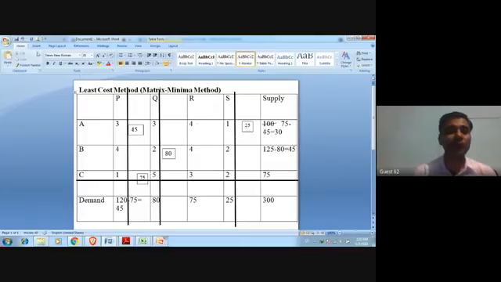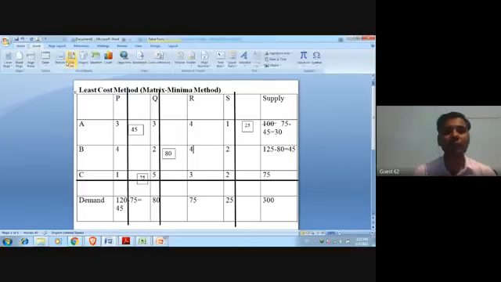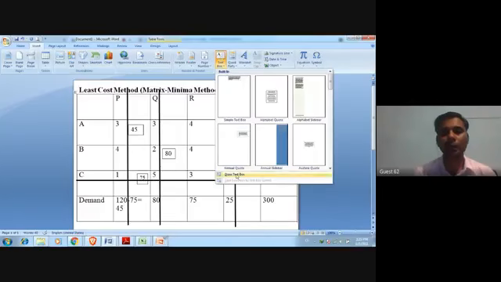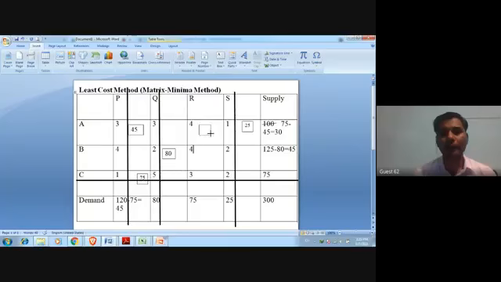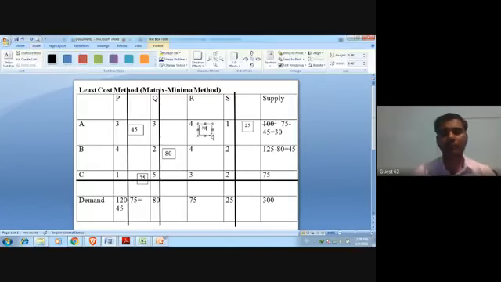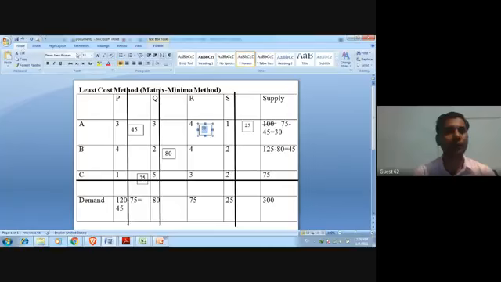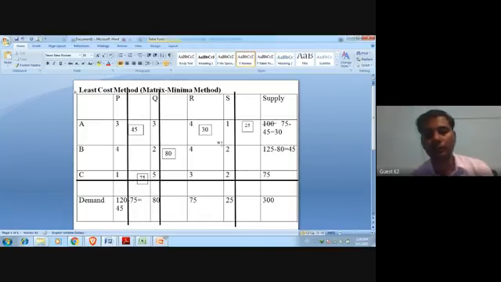So we will allocate 30 units from factory A to warehouse R. So I will draw a box in which I will assign 30 units from factory A to warehouse R. These 30 units I have given from factory A to R. Okay.